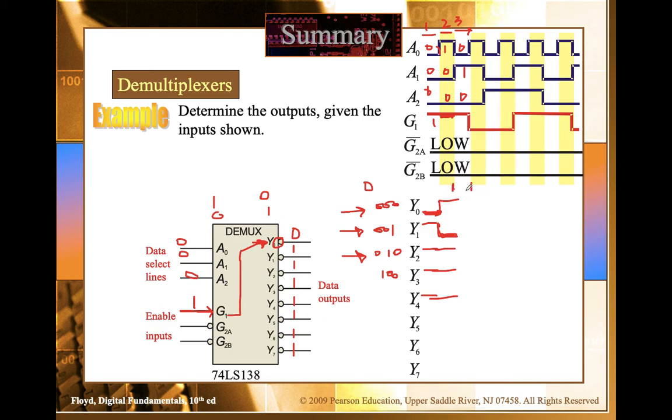In this clock cycle, my output is high, which means my input is going to be low. So this will become low. And these two will continue to be high, and this one will become high, because all others will be high, only this particular one will be low.